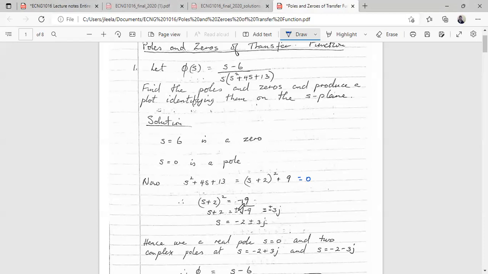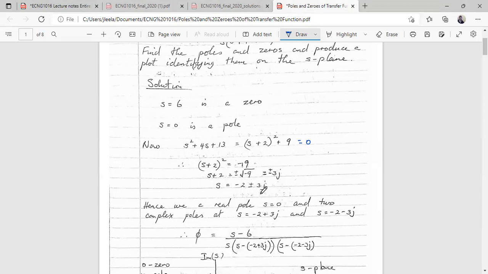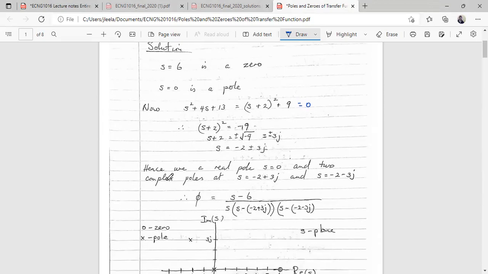So s plus 2 will be plus or minus the square root of minus 9, which is plus or minus 3j. Then s will be minus 2 plus or minus 3j. So you have a real pole at s equals 0 and two complex poles at s equals minus 2 plus 3j and s equals minus 2 minus 3j.